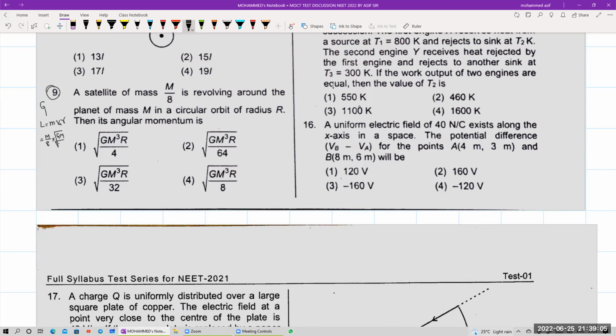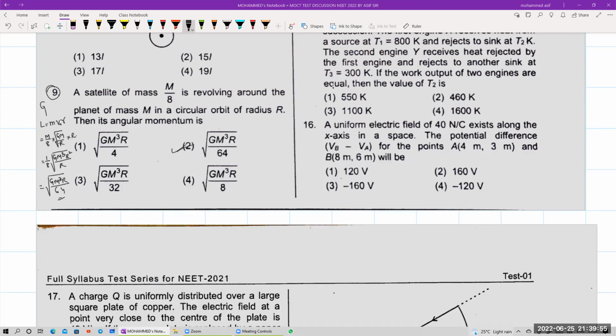Isn't it revolving around the circular orbit of radius capital R दे रखा है, and this one is also capital R. तो ये बन जाएगा मेरे को 1 by 8 into under root of ये m को भी अंदर ले लो, so this will become for me g into m square into capital R square, ये r को भी अंदर ले लिया, divided by r. यानी this will become for me under root of g into m square, तो कितना हो जाएगा ये. क्या हो गया, m square होगा ना, तो m cube हो जाएगा ये, so this will become for me m cube रूट में है ना बेटा. ऑलरेडी ये तो ये हम ले रहे हैं बेसिकली, so it will be m cube हो जाएगा into capital R divided by 8 into 864, and the second option will be the answer for this.